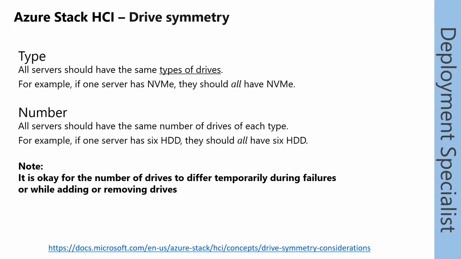We have already discussed the drive symmetry requirements in the hardware requirements video. But to recap this, it's important that all servers should have the same types of drives and the same number of drives. So if we add 2 hard disk drives to each server, and we will do this later in our live demo, we have to add 2 drives in each server.